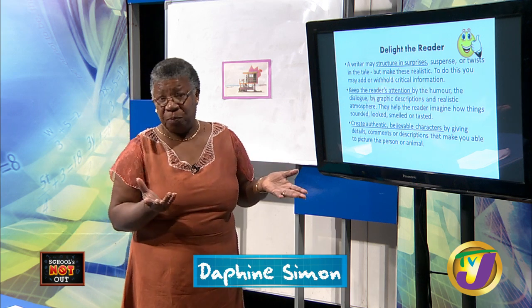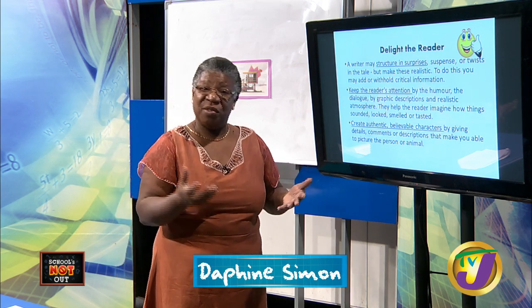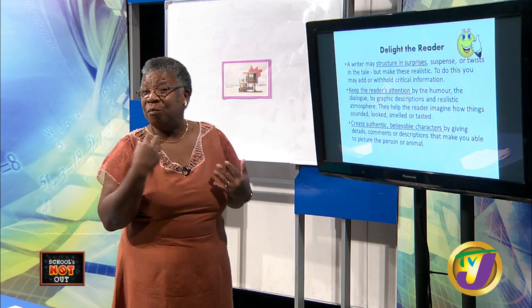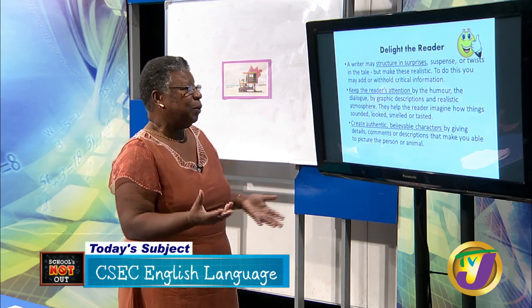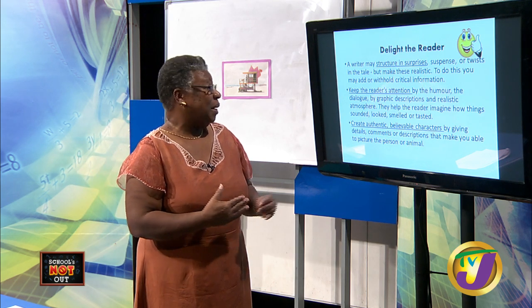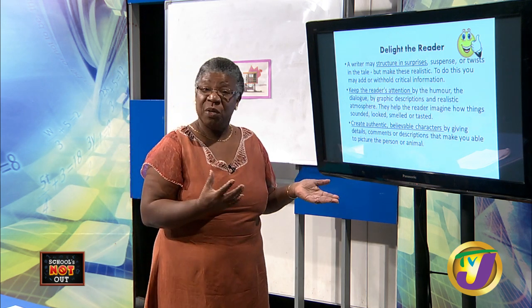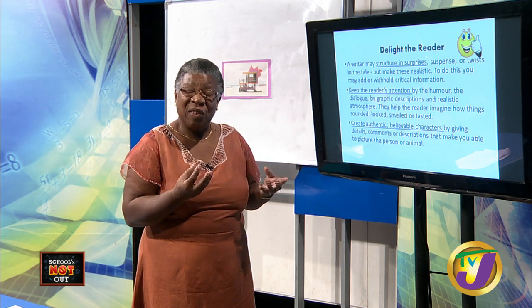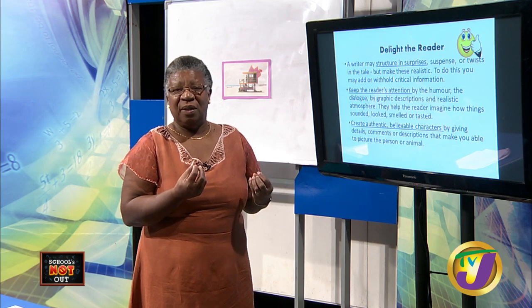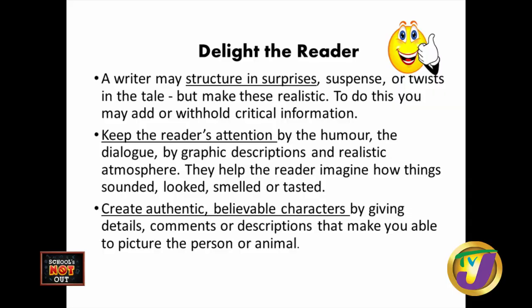Graphic descriptions. You have read stories where the writer has described things that are happening, and I'm sure you appreciate good descriptions. When it comes to the atmosphere, certain things can be made palpable almost. Certain things can be made so that you imagine you were there. That's what you're aiming for.